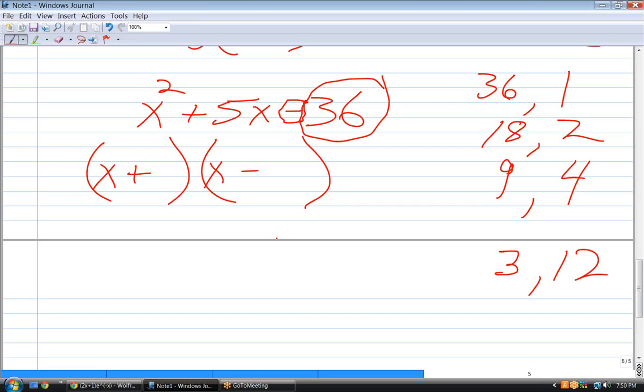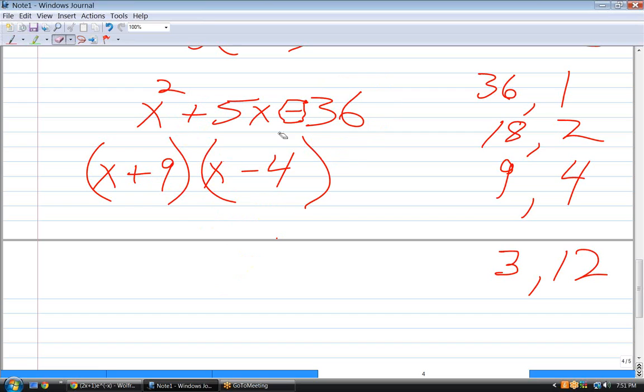9 minus 4. Okay. Put the larger of those factors, the 9, with the sign of the middle term. Well, the sign of the middle term is plus, so the 9 goes right there. 4 goes right there. Again, I want to check. Make sure that I get a plus 5x in the middle. I don't need to check the minus 36. I don't need to check the x squared.